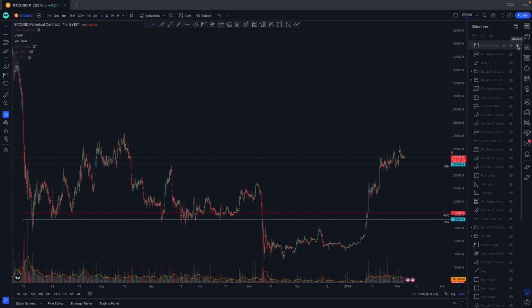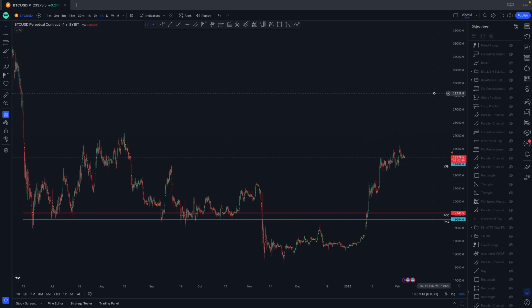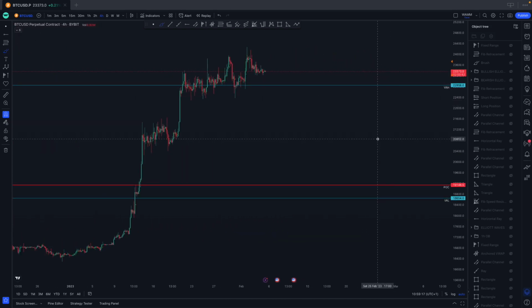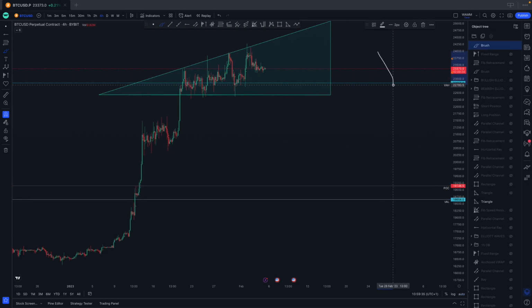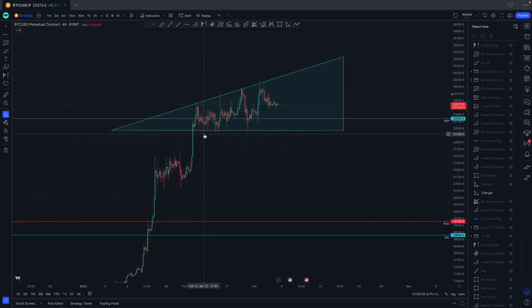We cannot say yet, because it's too early. At the end of the day, when we look at the market structure, we still didn't lose it. We are still moving higher highs, higher lows. One thing we can look at up here is this triangle. I wouldn't really trade off of the triangle, but at least we can see the main support and resistance.